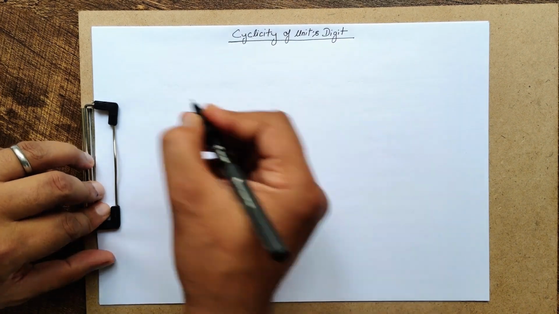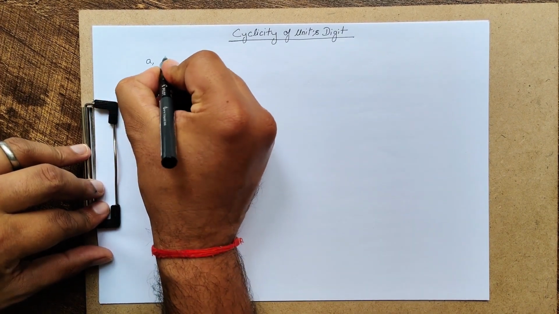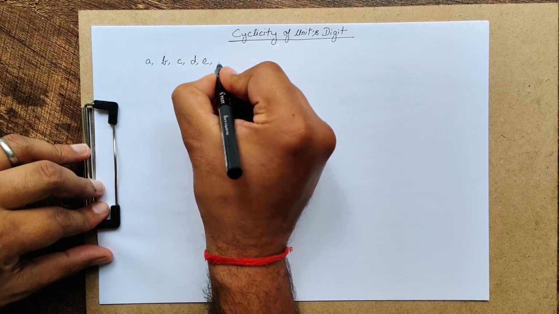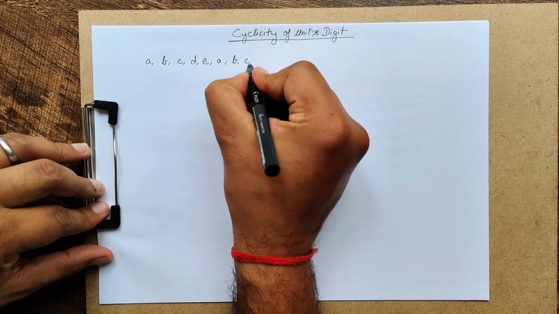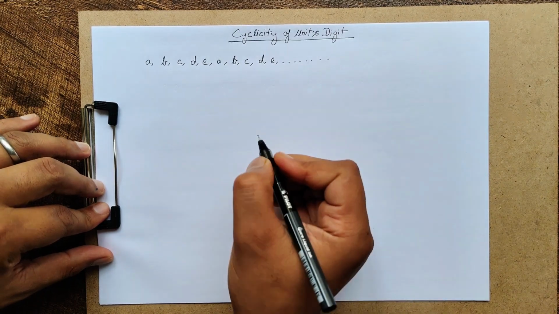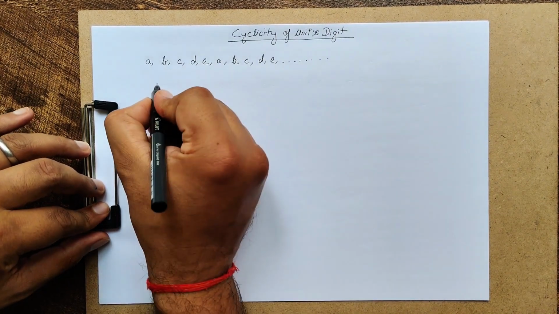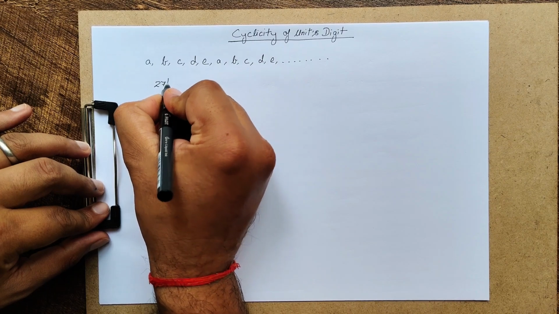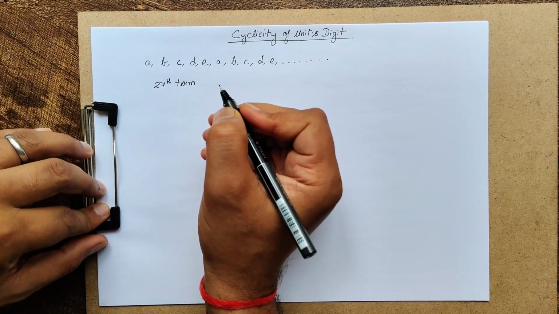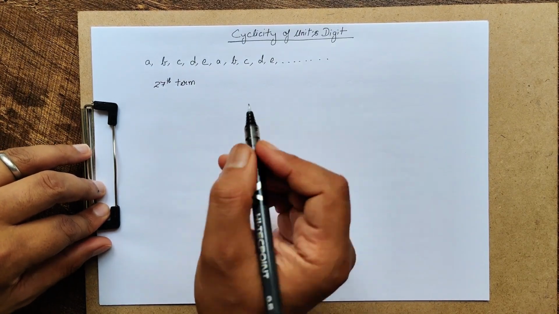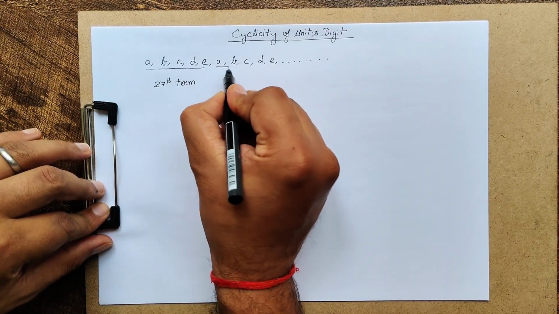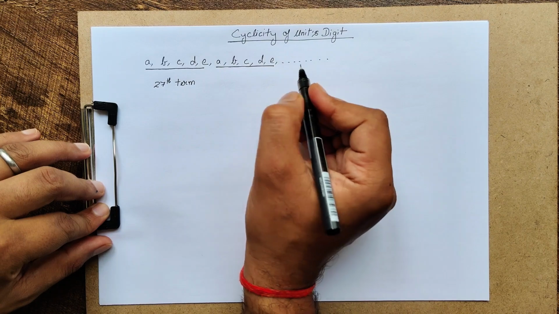Suppose there is a series, say A, B, C, D, E, again A, B, C, D and E and so on. Now it's asked what will be the 27th term of this series. Here you see that the series is repeating itself after every 5 terms, right?